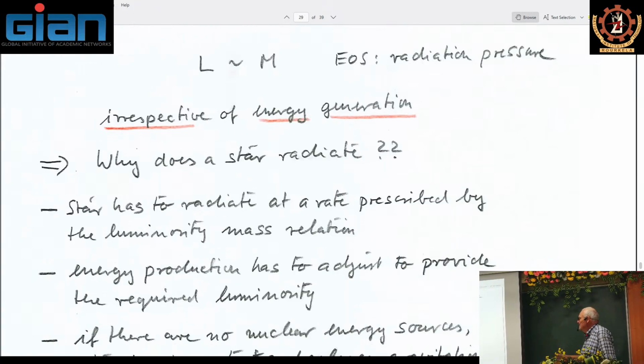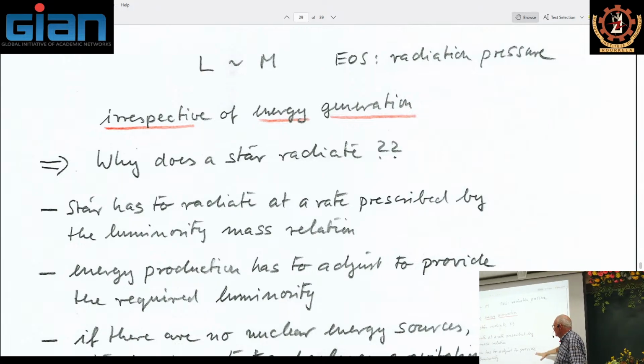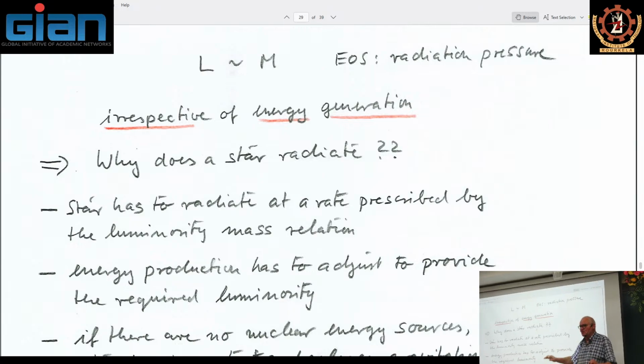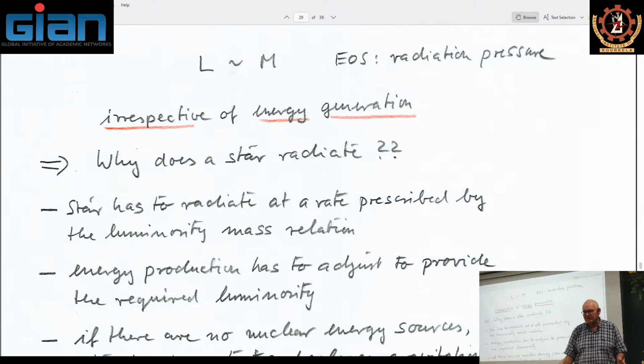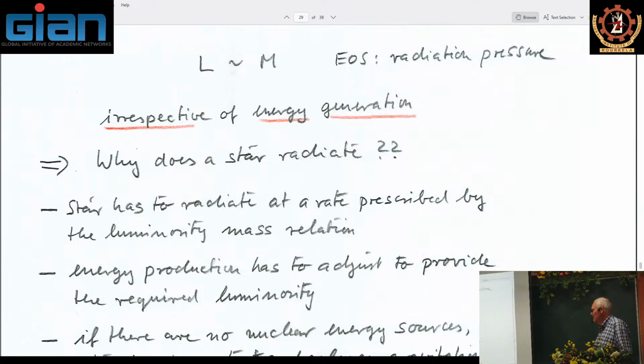Well, I've already said the star has to radiate at a rate prescribed by the luminosity-mass relation, and the energy production within the star has to adjust to provide the required luminosity. So it can do it either by gravitational energy, by contraction, or by igniting nuclear processes.